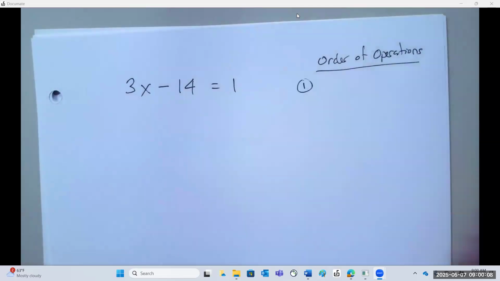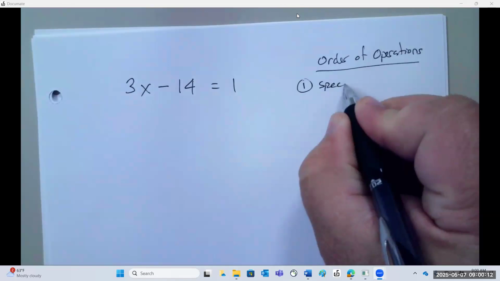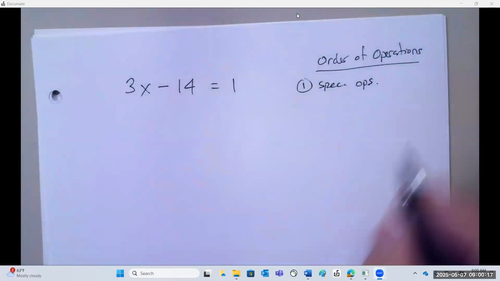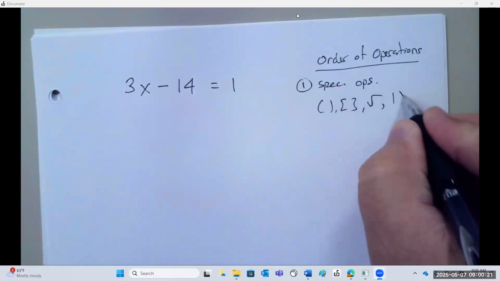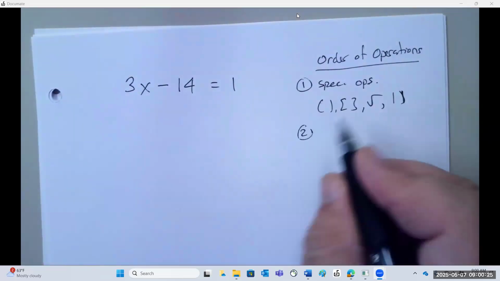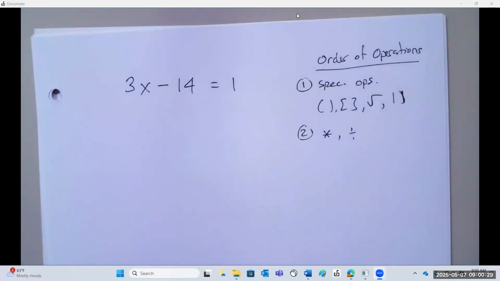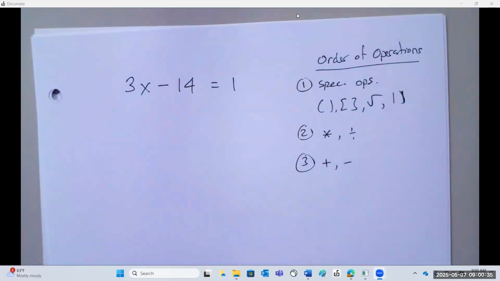What's the first thing you do in order of operations? Special operations: parentheses, brackets, square roots, absolute values. Then the next thing you do is multiplication, division. And then you do addition, subtraction. This is the way you do order of operations.